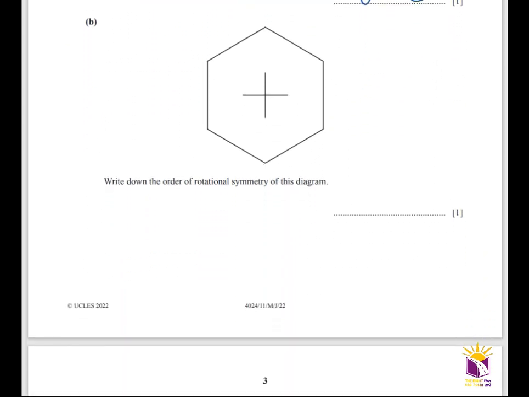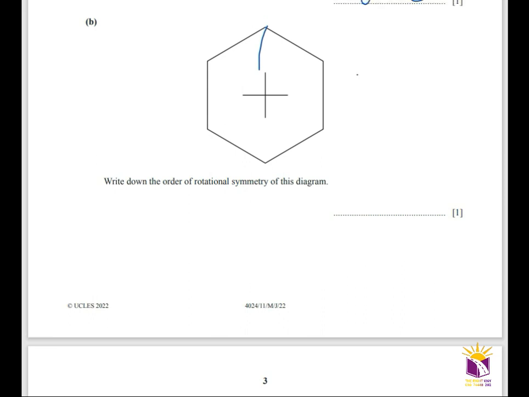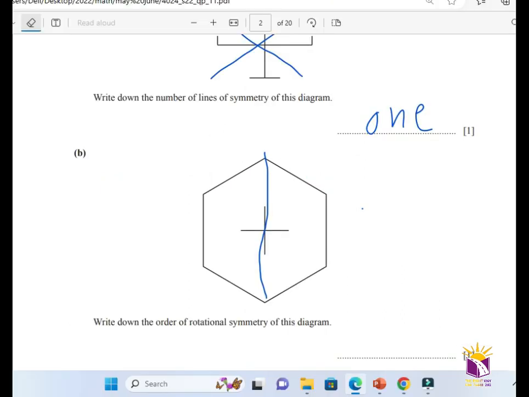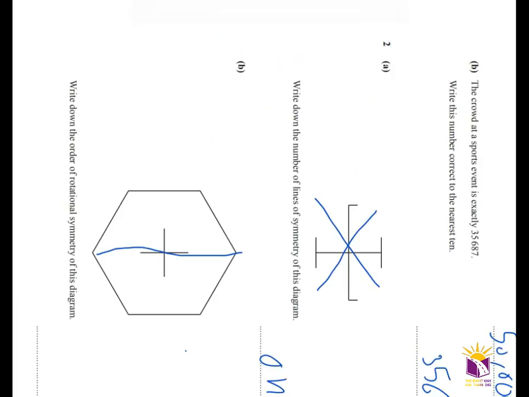Now part B is for the rotational symmetry of the diagram. For rotational symmetry, you have to rotate the diagram. For the rotation of the diagram, first of all we draw a straight line like this. Now whenever this line repeats the same pattern again and again, if we rotate it at 90 degrees, we are not going to get the same result.